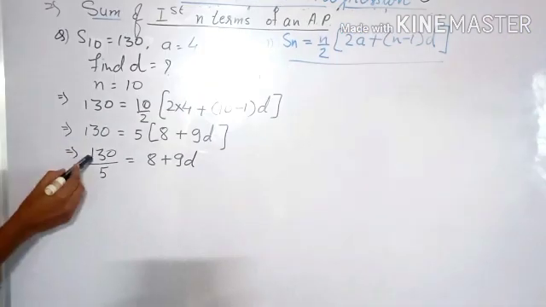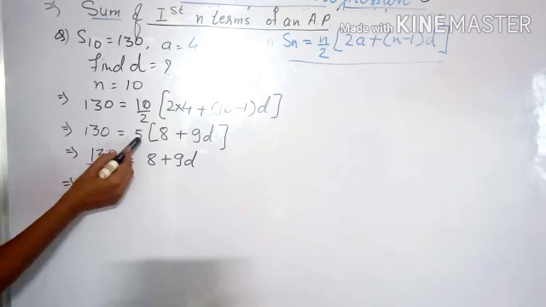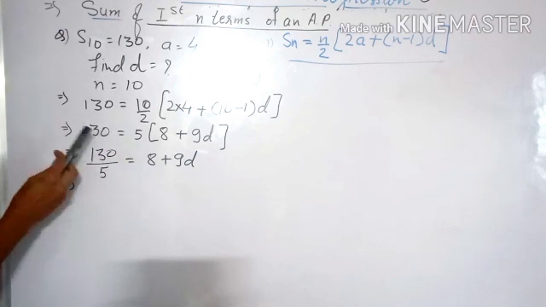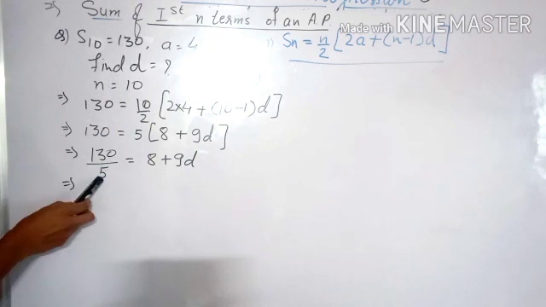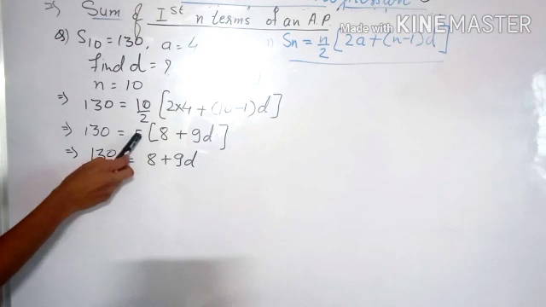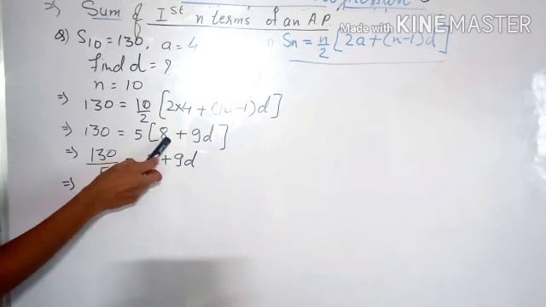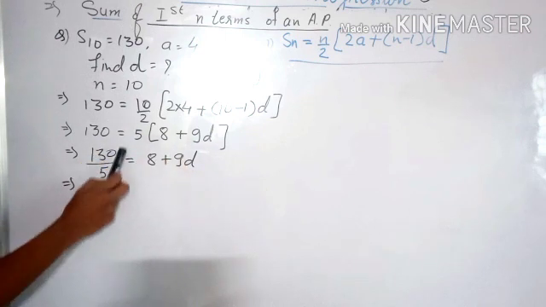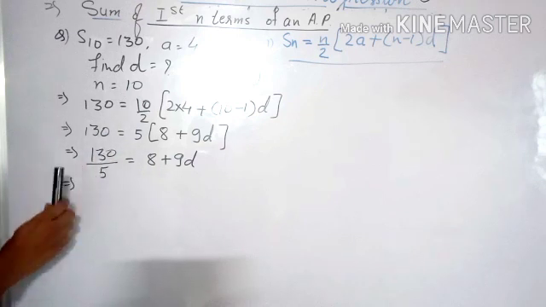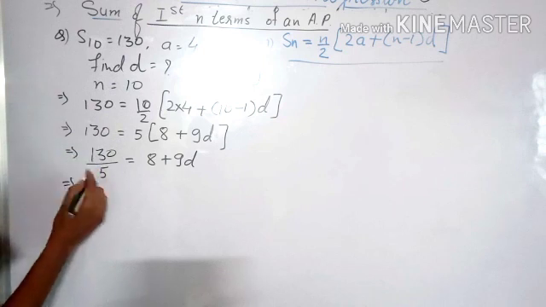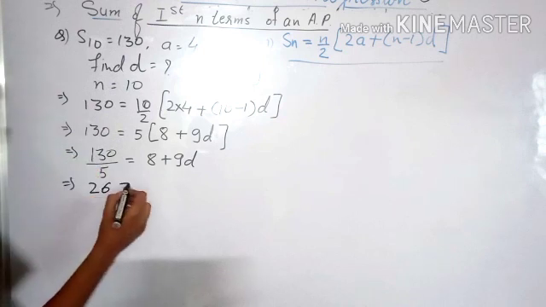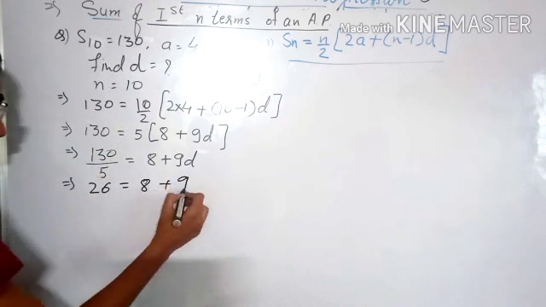It is easily divisible, you can see that 130 is divisible by 5, that's why I am dividing here. If it is not divisible, then you have to multiply 5 into 8 and 5 into 9. Since it is divisible, that's why I am shifting it here. Now if you divide it, it will become 26 equals to 8 plus 9d.